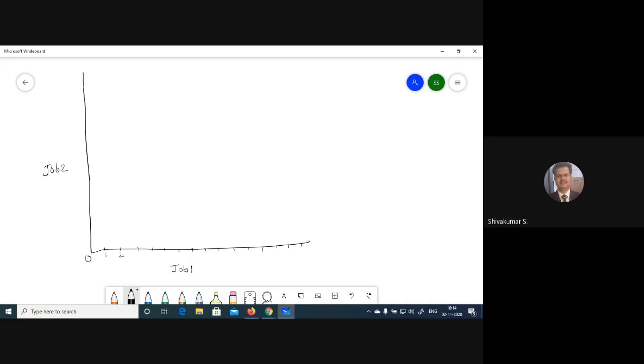So 1, 2, 3, 4, 5, 6, 7, 8, 9, 10, 11, 12, 13, 14, and 15. Similarly, you also mark here, 1, 2, 3, and then 1 through 15.